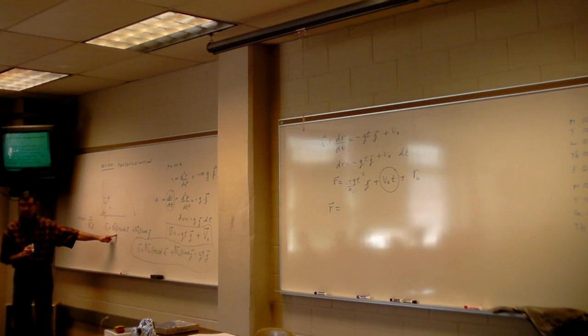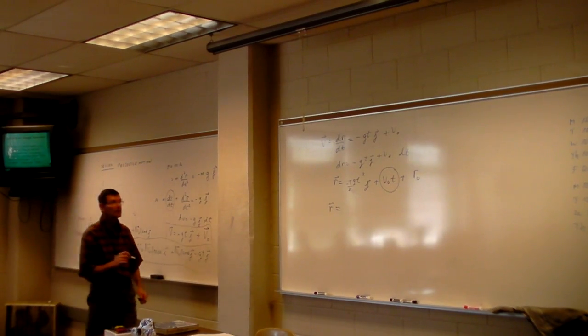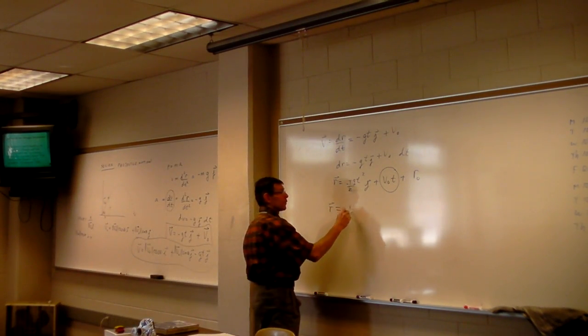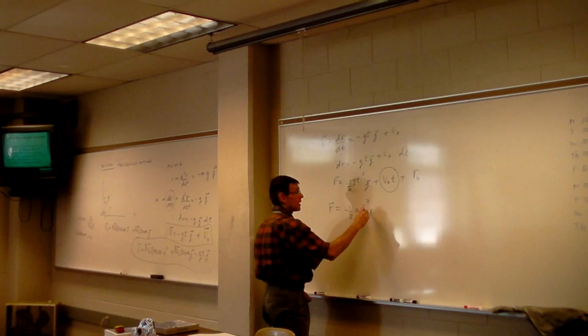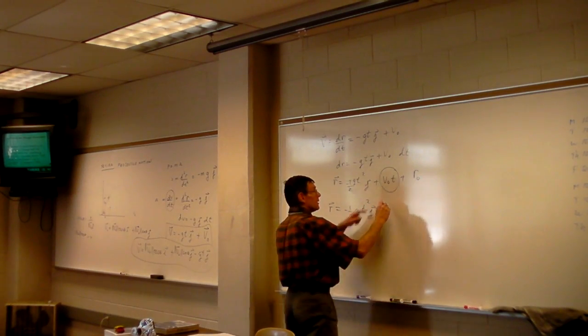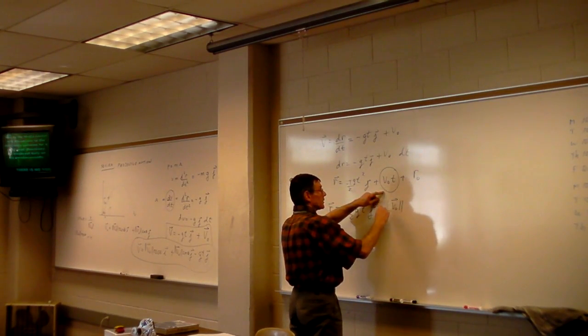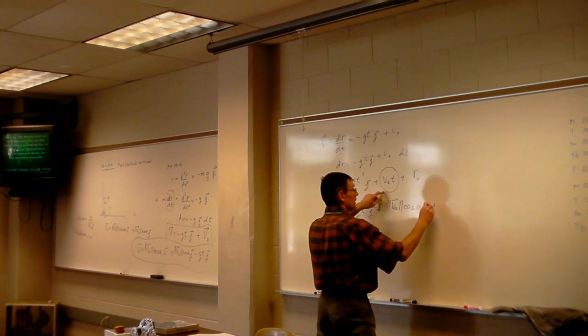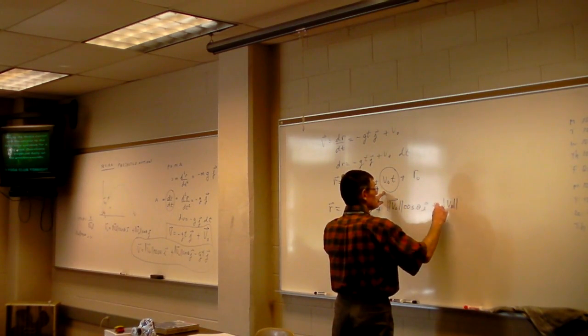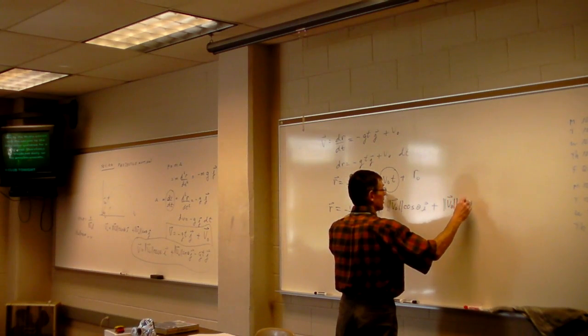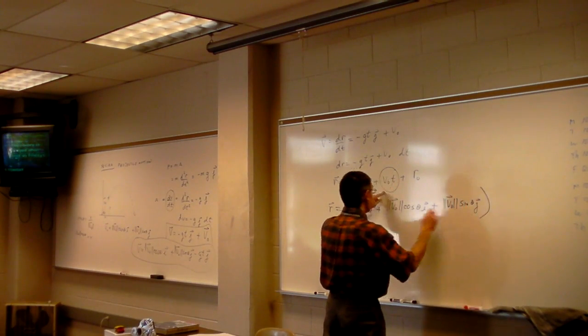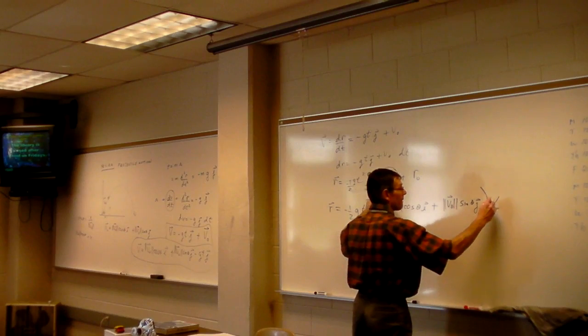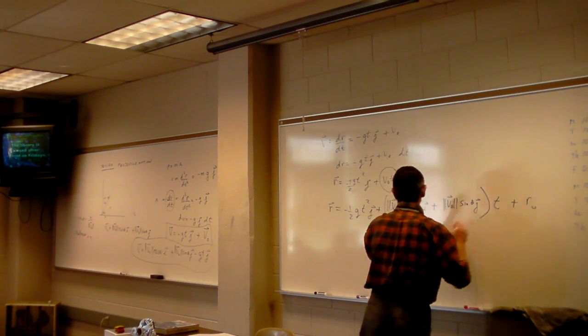So it would be minus 1/2 g t squared j plus the magnitude of v cosine of theta i plus the magnitude of v sine of theta j, all times t, plus r sub naught.